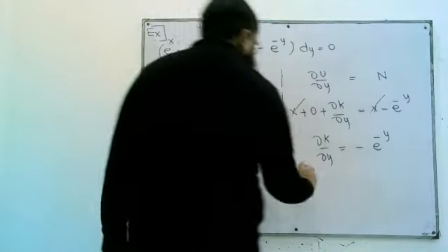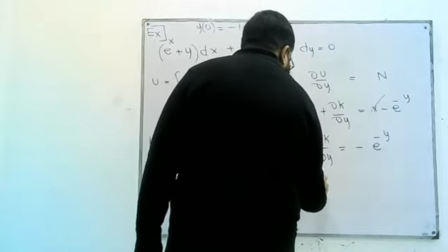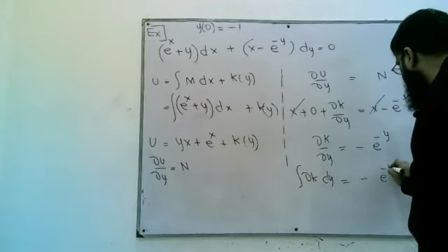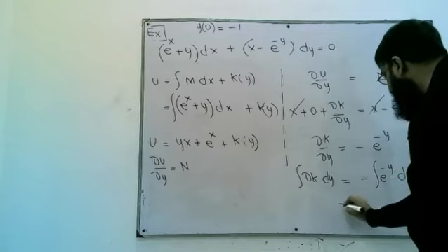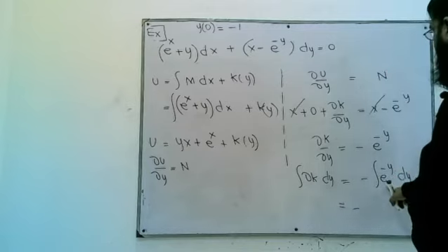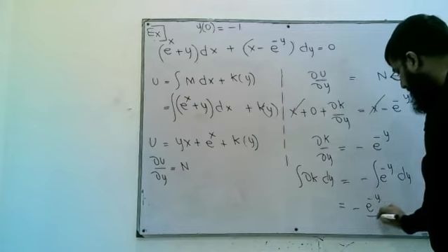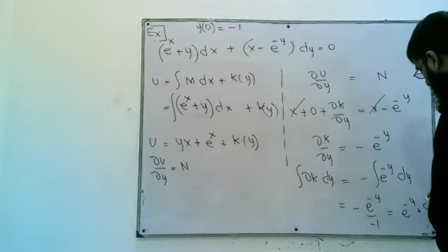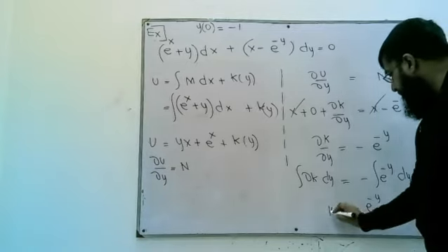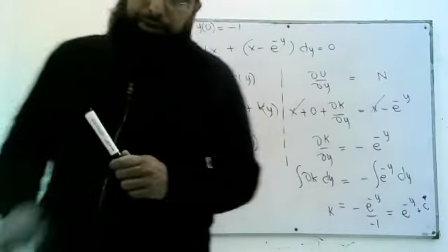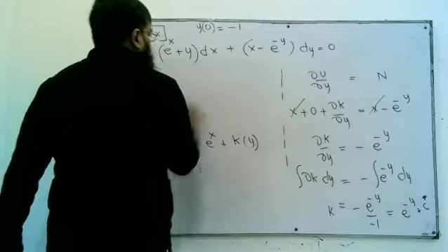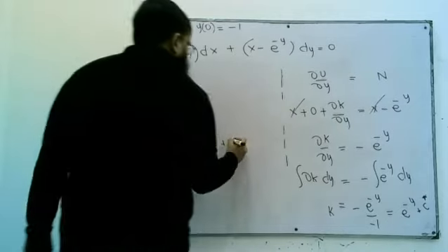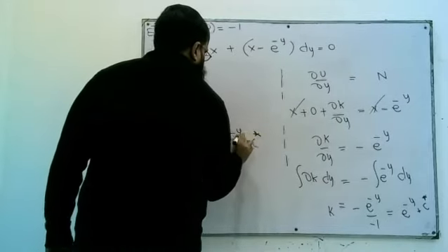If you integrate on both sides, k is the integral of minus e to the minus y dy, and the integral of e to the minus y is e to the minus y over minus 1. So this is e to the minus y plus some constant of integration, c star. So k comes out to be e to the minus y plus some constant c star.